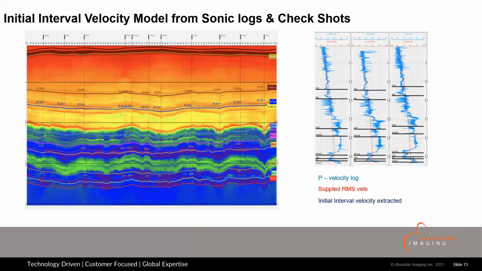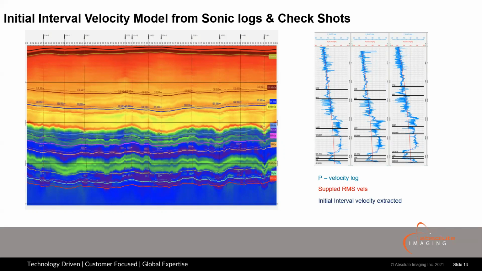Then if you have logs and a good distribution across the surface, we can start building the velocity model even without using the RMS velocities from time. We can go straight from the logs that we have. To do this correctly, we will need a good lateral distribution. It doesn't matter how many well locations you have.